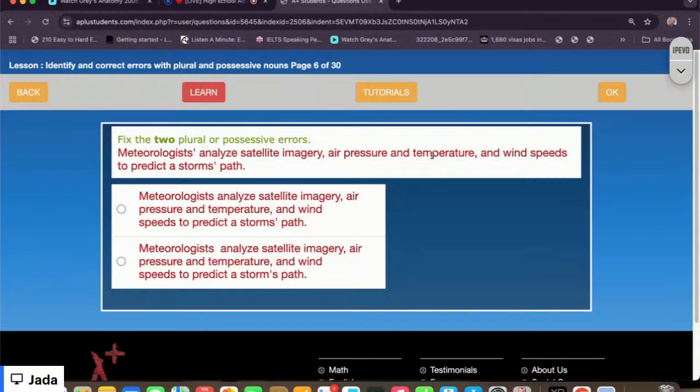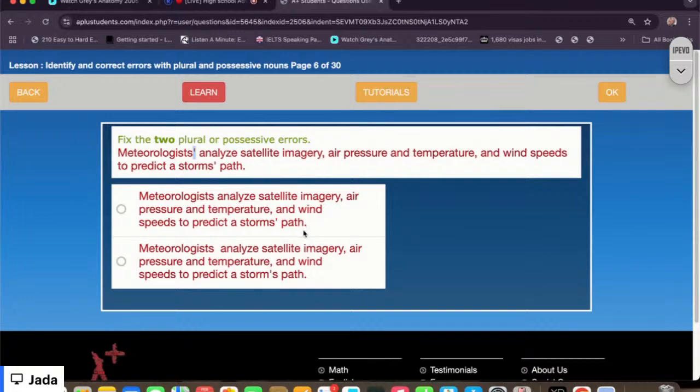Meteorologists analyze satellite imagery, air pressure and temperature, and wind speed to predict a storm's path. So we have two plural or possessive errors here. So we do not need to have the apostrophe after the meteorologist.